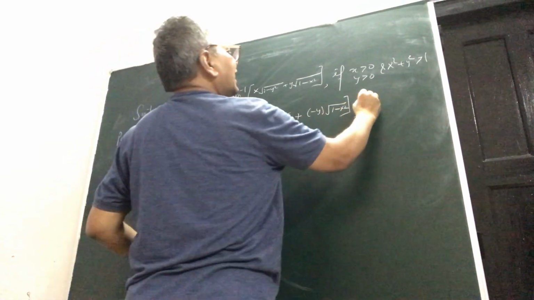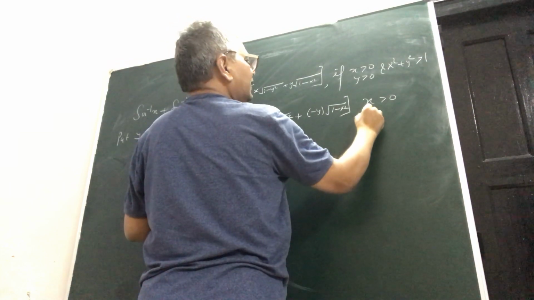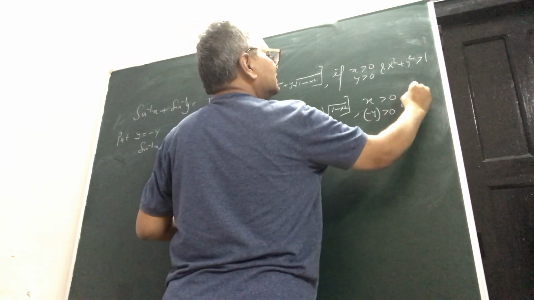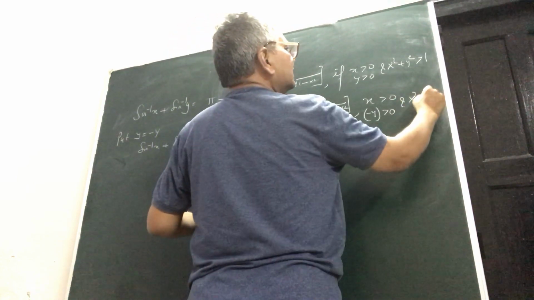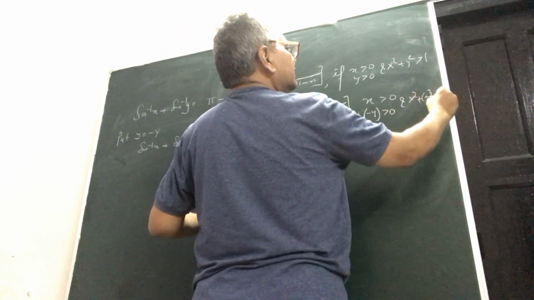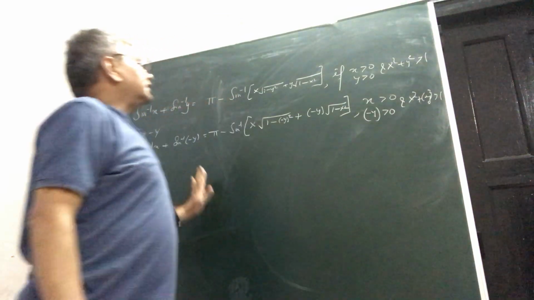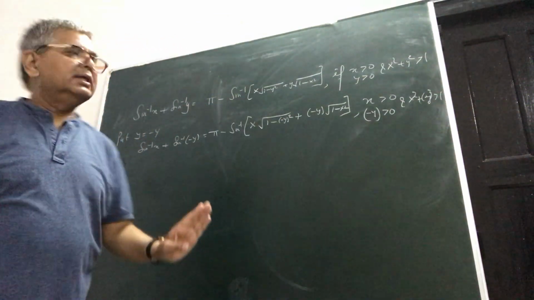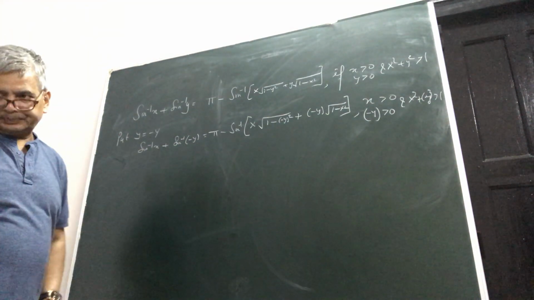And here x is greater than 0, minus y should be greater than 0, and x square plus minus y whole square should be greater than 1. This is exactly the same thing. Simply you have replaced y with minus y.